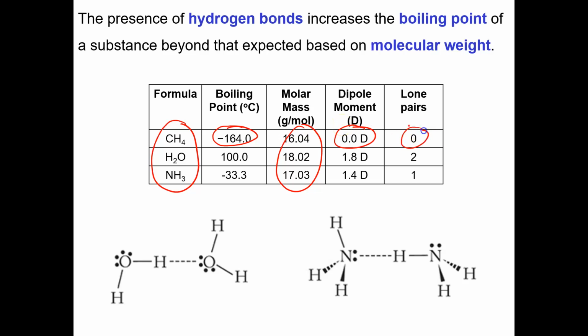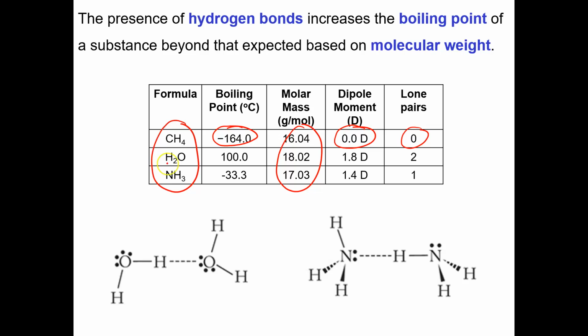There are no lone pairs, and there are no hydrogen atoms attached to nitrogen, oxygen, or fluorine, so there's no potential for hydrogen bonding, and as a result, we see that the boiling point is quite low, minus 164. Methane is a gas at room temperature.